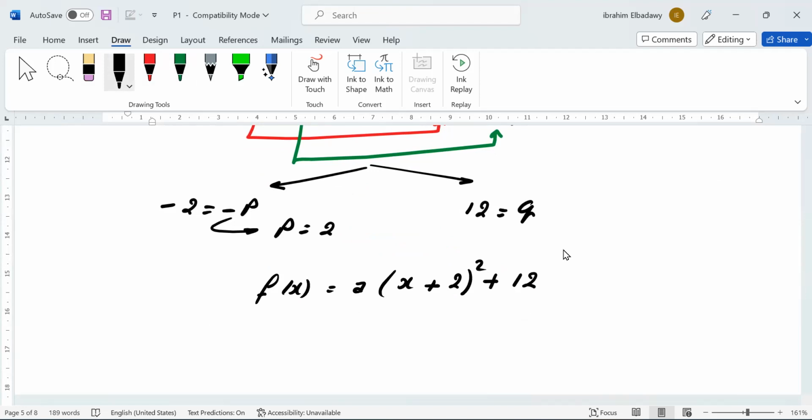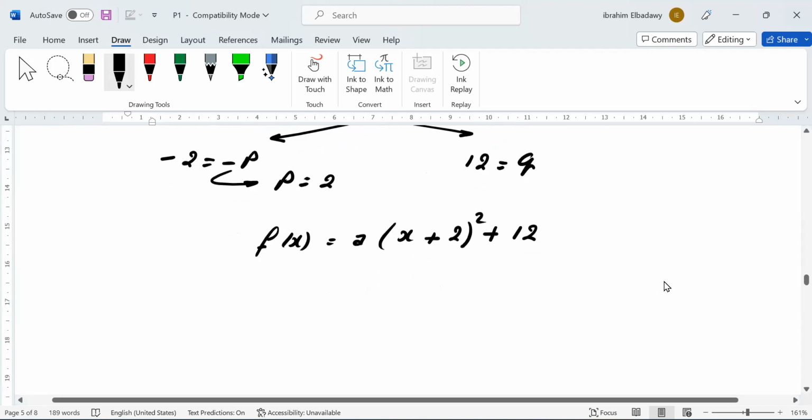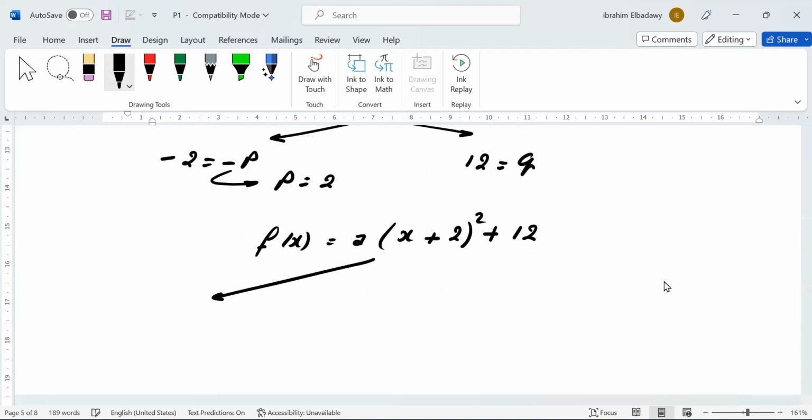Then how can I get a? To get a, you should have another point, another given data. Actually, he gave you another thing, which is the x-intercept -5. At x equal to -5, what is the value of y?